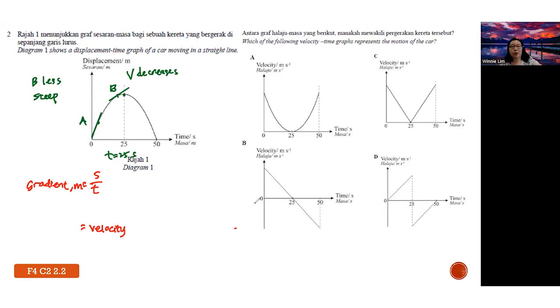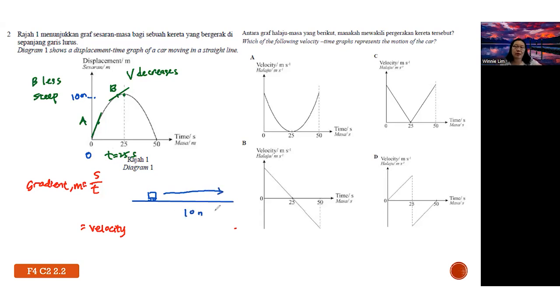If I were to show it in a line graph, it will be a better idea for you all to get the concept. So when this car moves from 0 seconds to 25 seconds, assuming teacher gives the length also, let's say it travels a track of 10 meters.